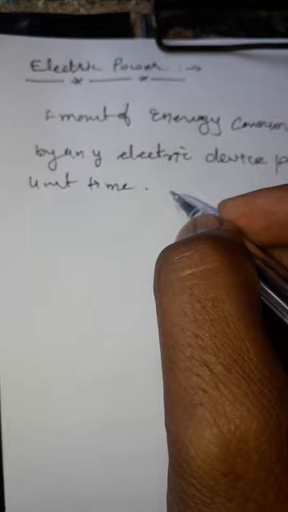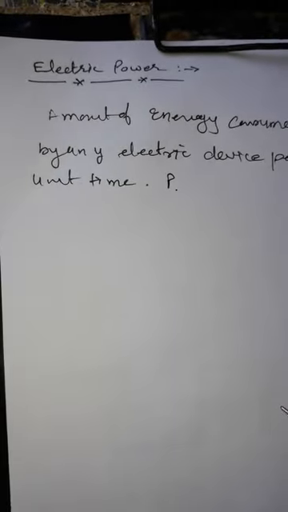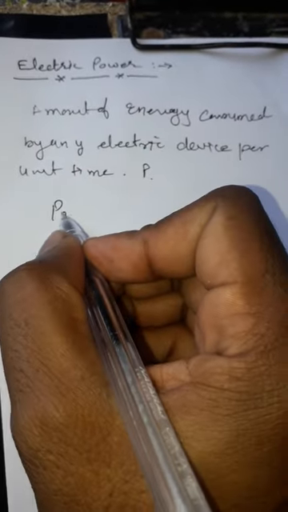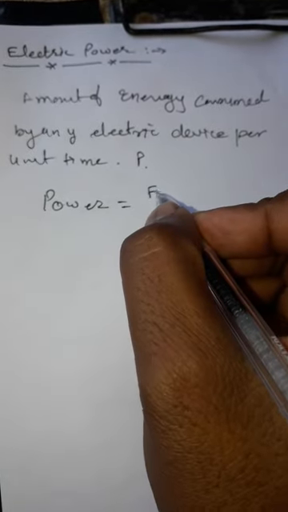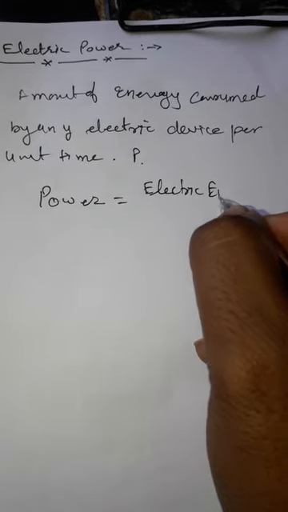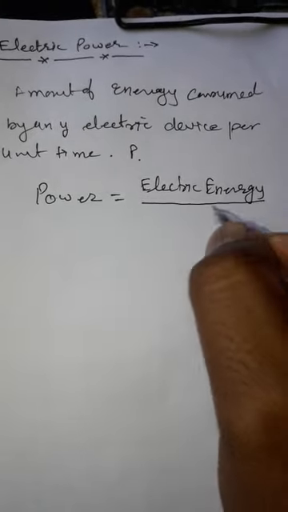Electric power is represented by the letter P. So, according to the definition, power is equal to electric energy consumed per unit time.